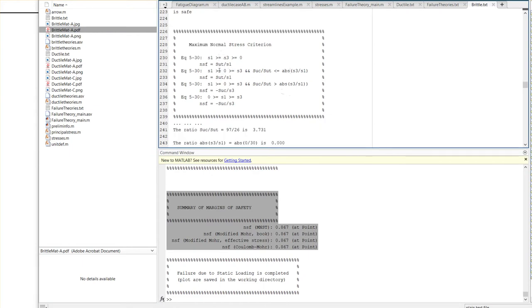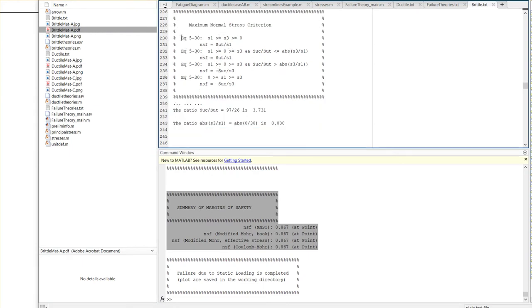So for the maximum normal stress theory, you use each one of these criteria, S1, S3, and then you can see in our case, all my cases were actually positive, right? So I'm working with a case like this, okay? I have double values positive, and then my S3, S2 will be 0. Okay, so that's case number 1.